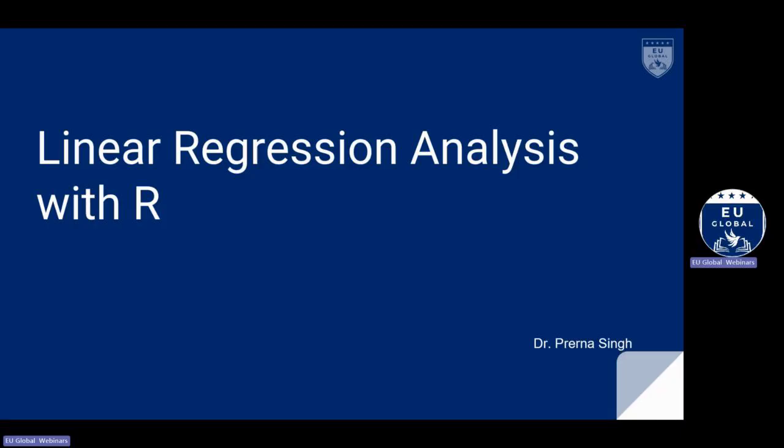In this, we will be using two methods: least square estimation, which is also called the direct regression method, and maximum likelihood estimation. These two methods will be used for calculating beta naught and beta 1. We'll be taking an example, and based upon this, we'll be finding the values of beta naught and beta 1.